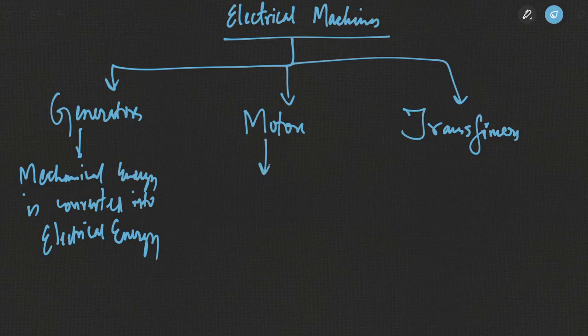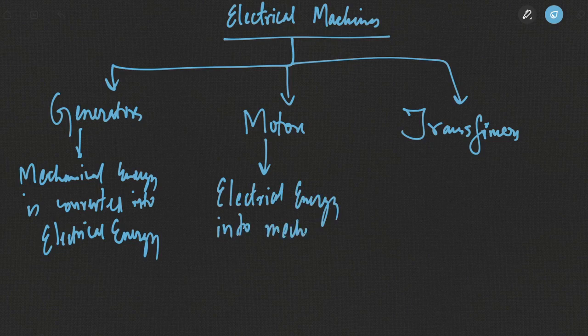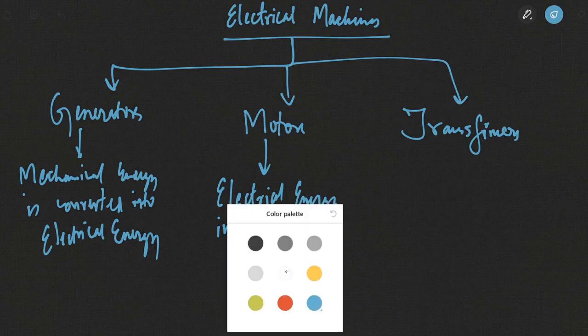Then you have motors. Again, motors, they actually convert electrical energy into useful mechanical energy. So you have electrical energy obtained from generators.